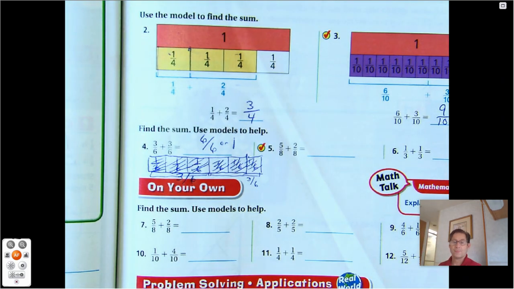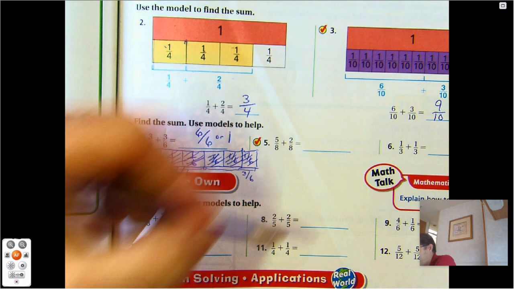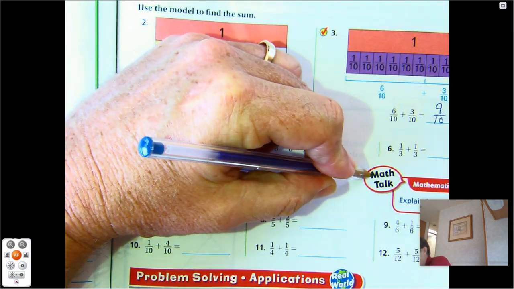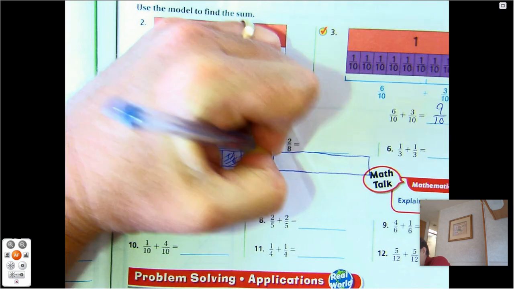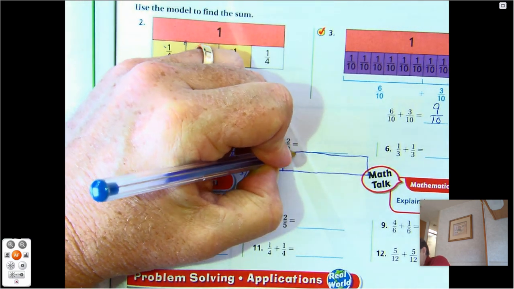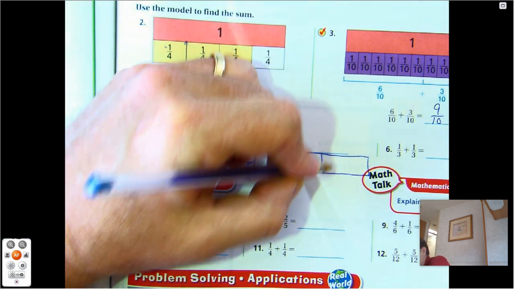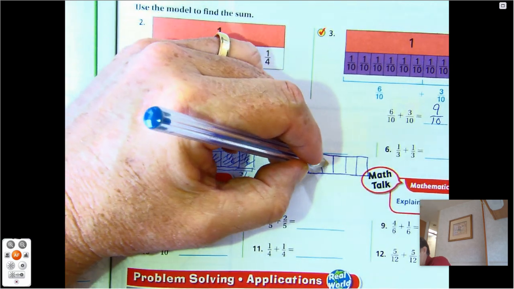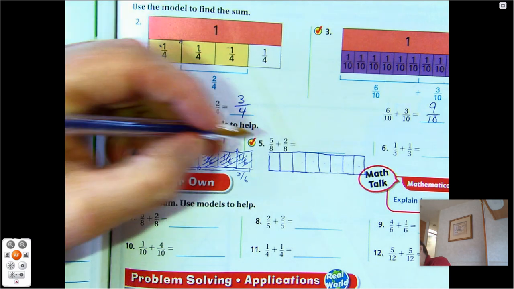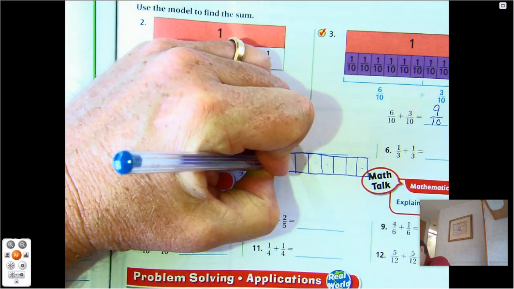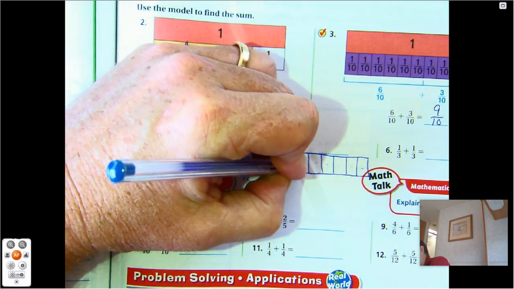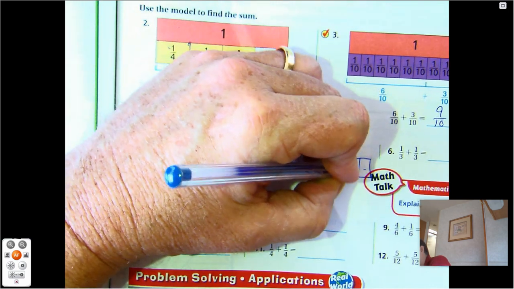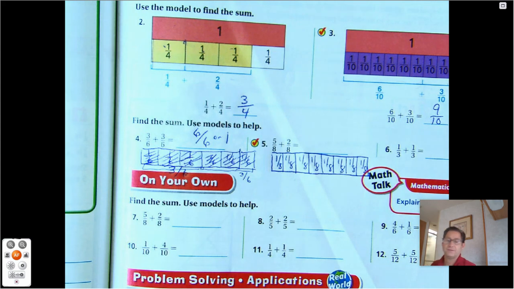All right, 5/8 and 2/8. Okay, so we have 8 pieces in the whole. So each of them is a 1/8 piece. Okay, so they're each a 1/8 size piece.